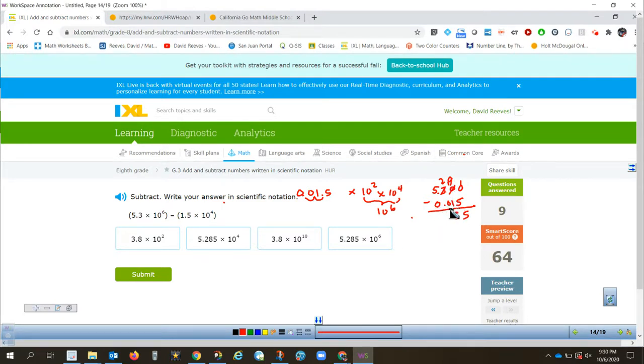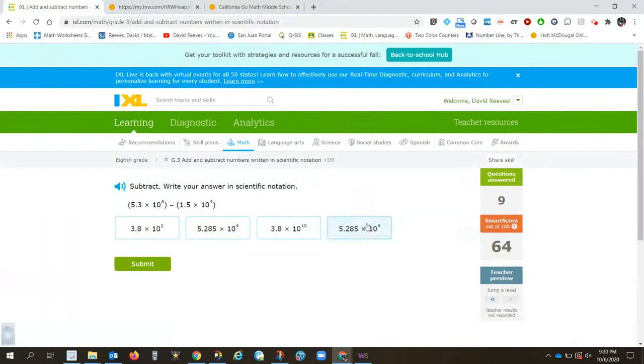All right, 2 minus 0 is 2, and 5. Okay, please be there. Oh, good. I do not recommend doing math when you are tired. Okay, 5.285 times 10 to the what? We made it 10 to the sixth power. 5.285 times 10 to the sixth power.